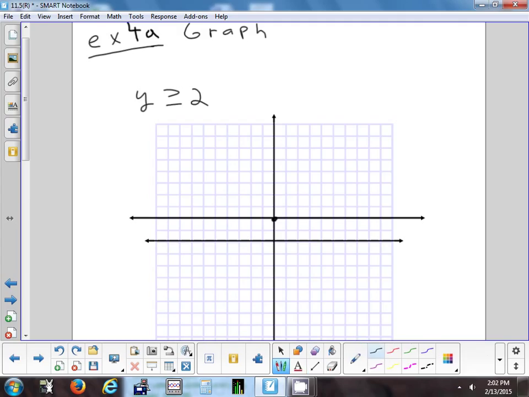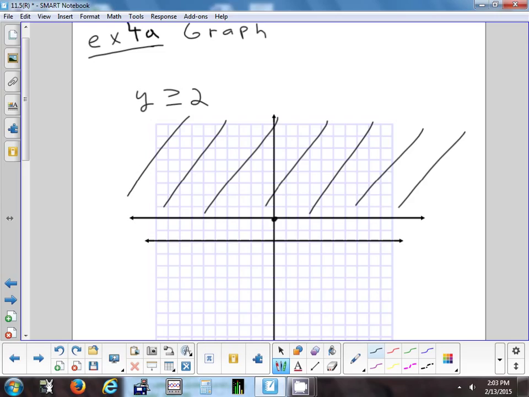Okay, last thing I have to do is decide, am I shading everything above that or below that? Who can tell me if it's above or below? Got that? Above? What tells you it's above? What's the hint that tells you that you're shading above that? Yeah, the inequality. Good.